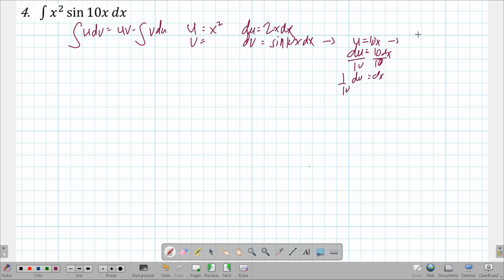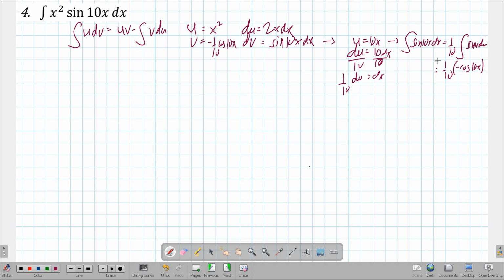So in this case, the integral of sine 10x dx becomes 1 over 10 integral of sine u du, which actually becomes 1 times negative cosine of 10x. There you go. So this becomes, our v becomes negative 1 over 10 cosine 10x.